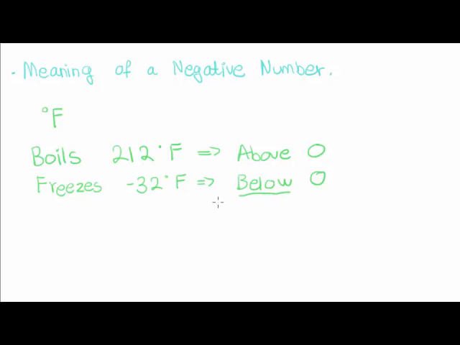Okay? So, I'm going to write down a few terminology, a few words over here. And every time you hear them, think about the negative sign in front of that number. Okay?